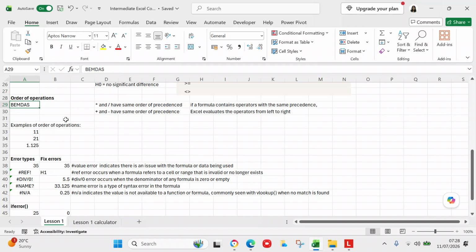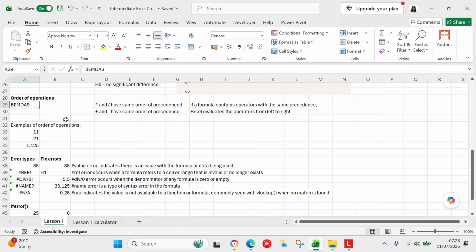Basically, if you have multiplication and division in your formula, then Excel is going to evaluate the operators from left to right. So whether it's multiplication or division, if it's on the left, that's the one that you take first.